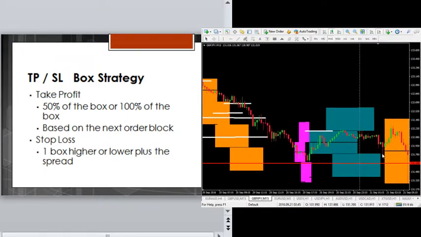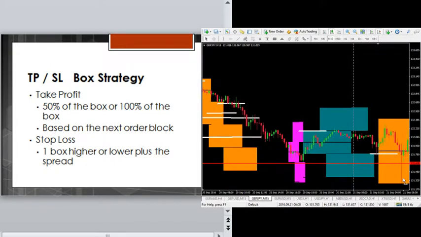And as you can see here, the price at this level broke one box down. So you will consider a sell on this area here. And then as you can see, you already had taken profit at the 50% and the 100% of the box while forming the pre-London box.